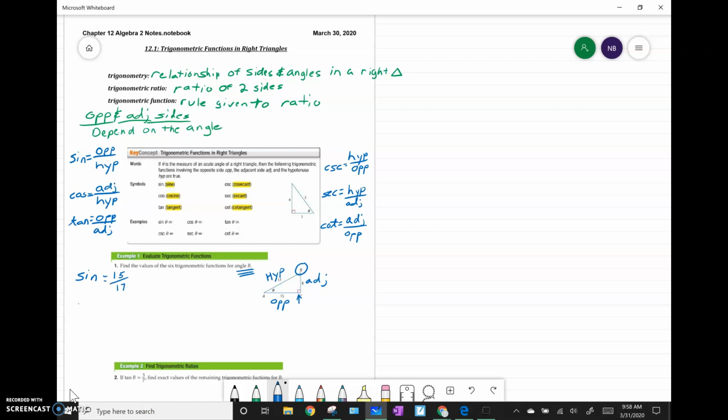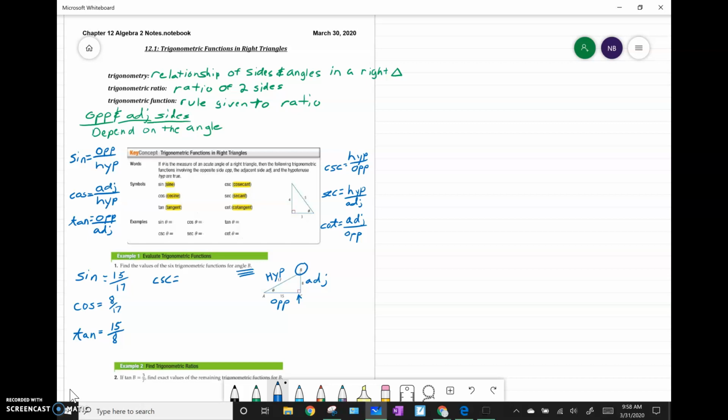I've got my cosine, which says adjacent over hypotenuse, so I need 8 over 17. And I've got my tangent, which is opposite over adjacent, 15 over 8. I'm going to go over to this side and find the cosecant.